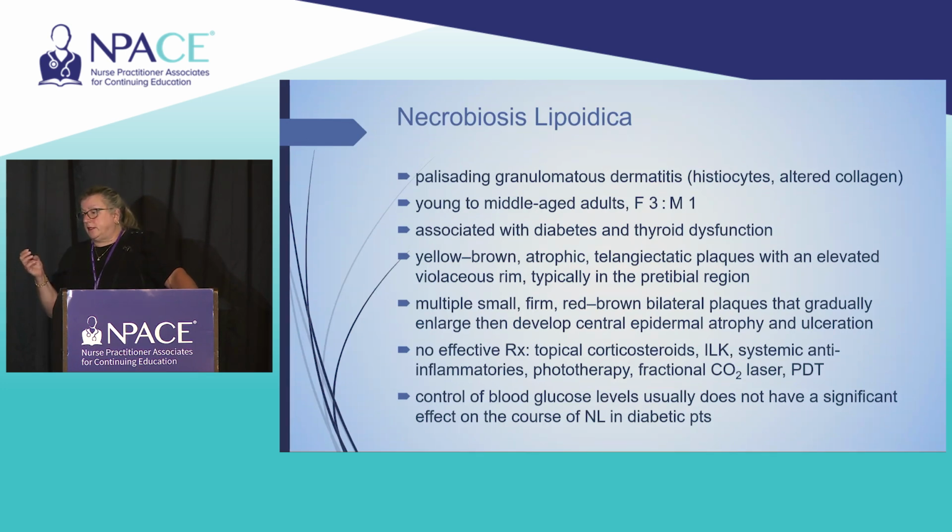Tends to affect young to middle-aged adults, predominantly female, and they'll get these yellow-brown plaques that will atrophy centrally and ulcerate, which creates sort of a necrotic border that develops. They are very difficult to treat, and they will not resolve simply by improving diabetic control.